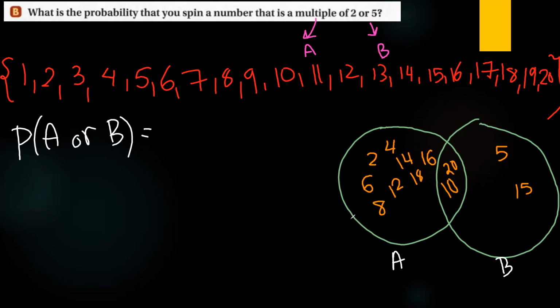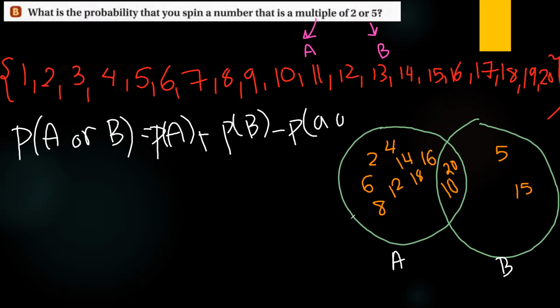Before solving it, you ask yourself, is there a number that is a multiple of 2 and a multiple of 5? Yes, 20 and 10. So I have to use the formula of overlapping events: probability of A plus probability of B minus probability of A and B.